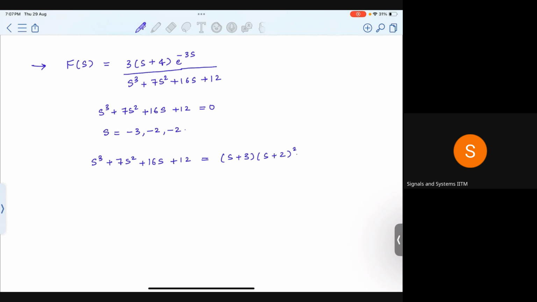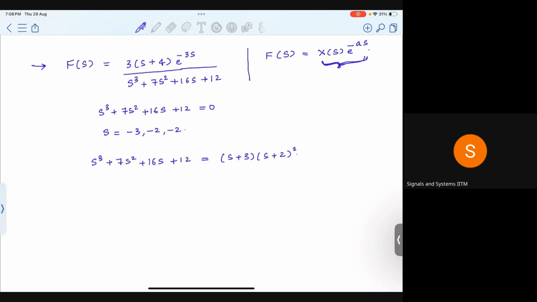When you are given questions where f of s is some function x of s times e power minus some as, we know how to do an inverse Laplace transform for this using the properties of the Laplace transform.